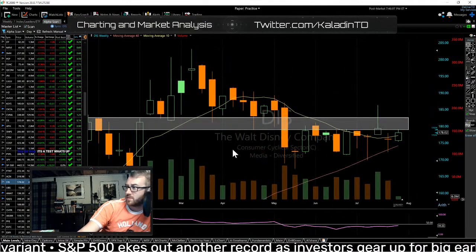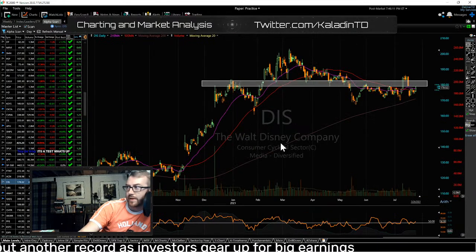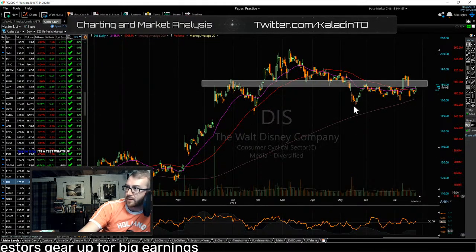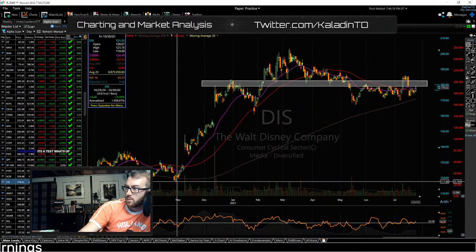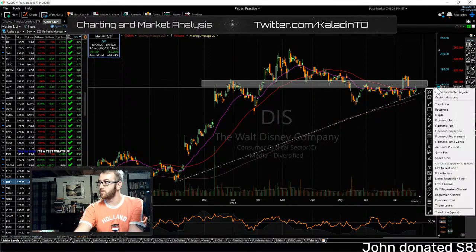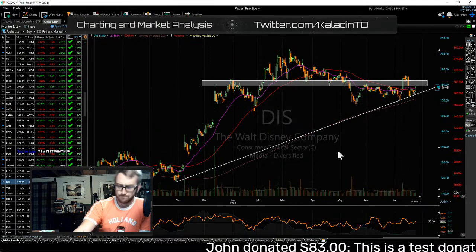And the daily was looking interesting too. We got the 200 moving average moving up right here. Potential support line right there.